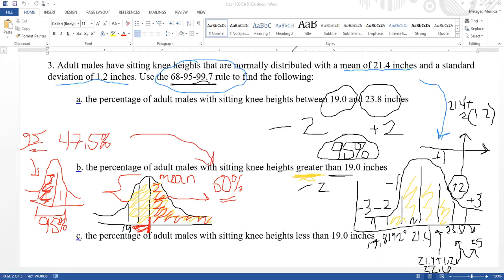So I have this now described as 47.5% of the data. And then the other half of my data, so that 50%. So now I can say the percentage of adult males with sitting knee heights greater than 19 inches is 97.5% of the data.